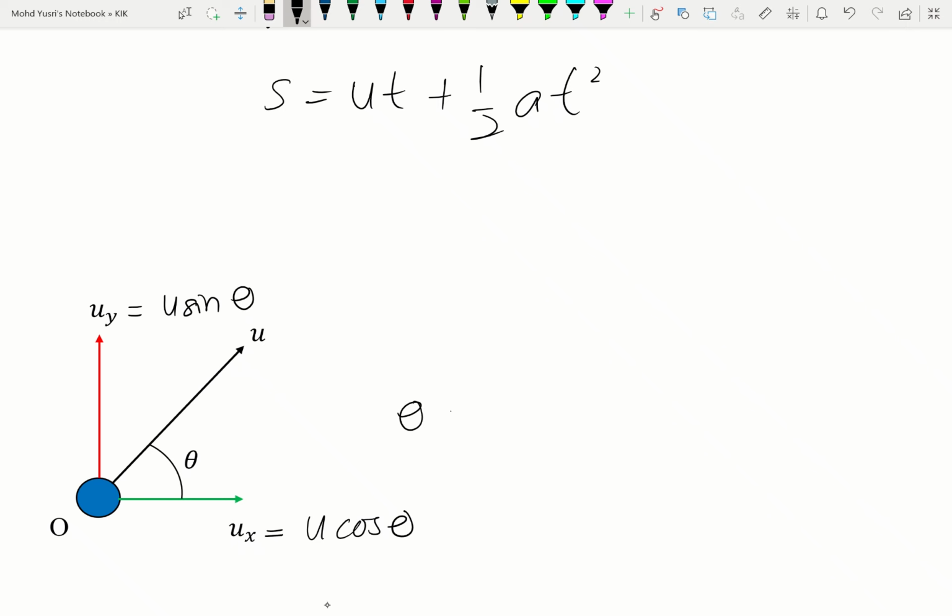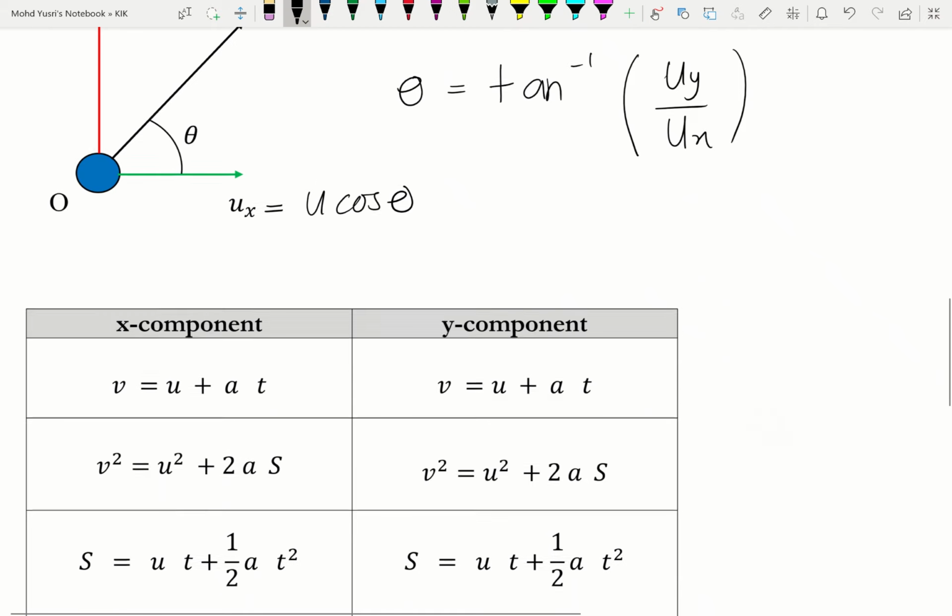Angle theta can be calculated by using the inverse tangent of uy divided by ux.